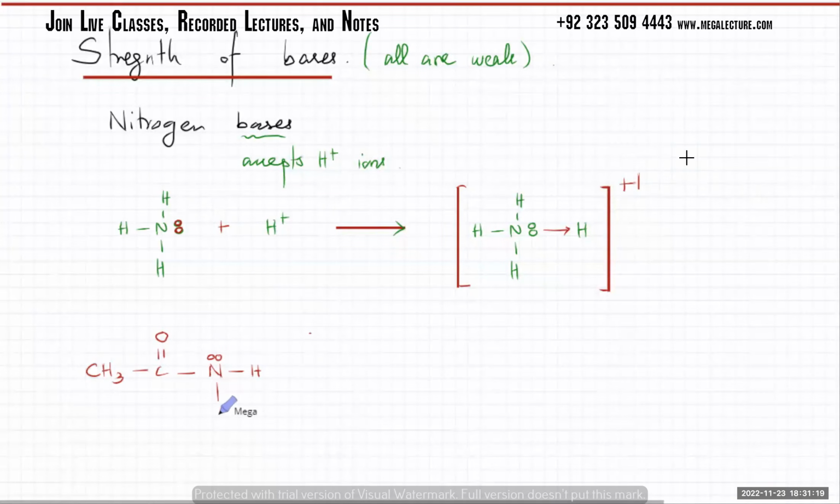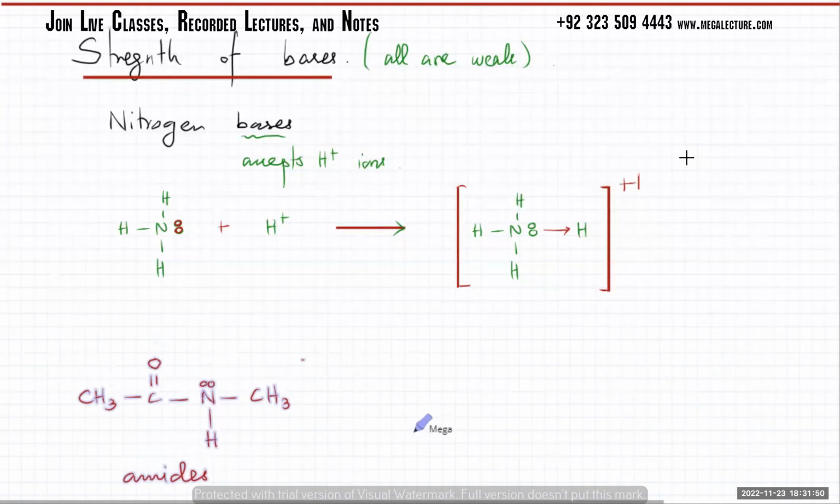In an amide it's C double bond O with NH, so there might be another carbon chain on the other side as well, okay? Hopefully everyone knows what an amide is. Proteins are an example of amides, polyamides, otherwise polymers, okay? So amide is this middle part: C double bond O with NH. That's what an amide is.